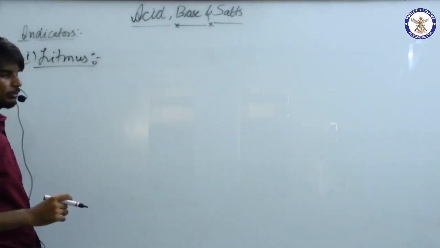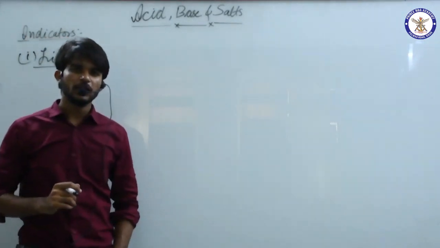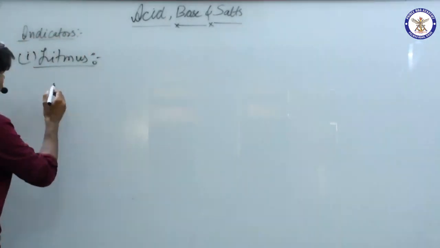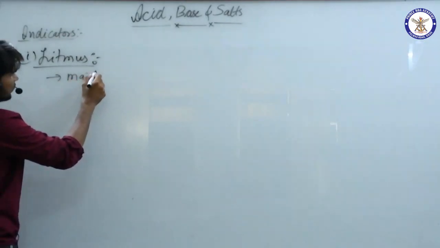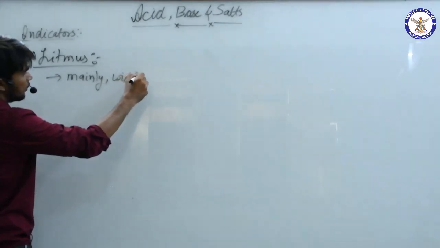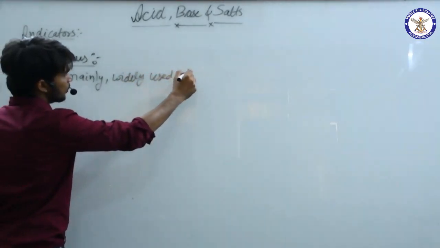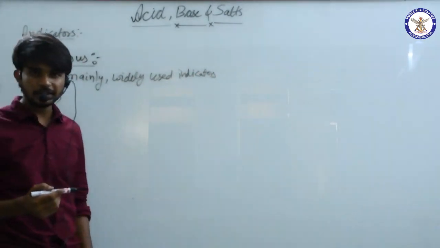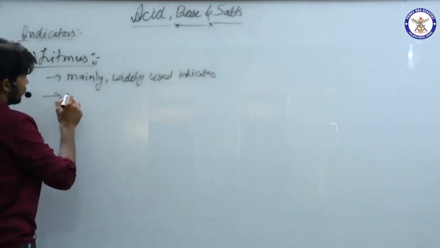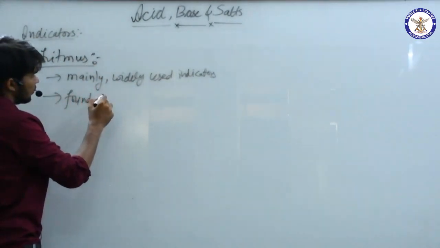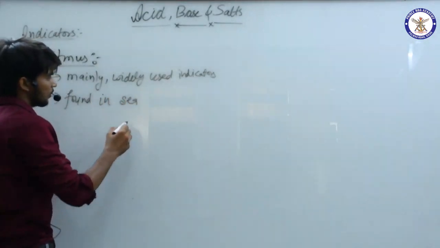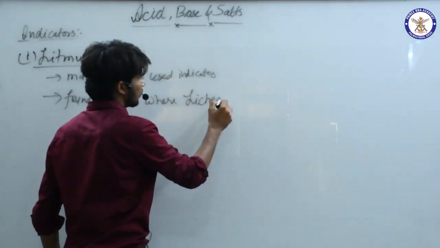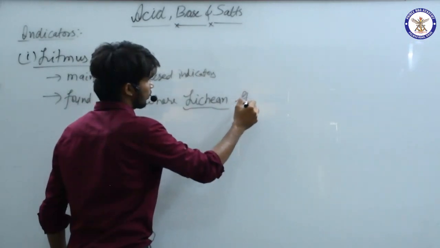See, the first point about litmus: I am keeping it at the first position because it is mainly, widely and broadly used. यही यूज किया जाता है, I would say the most widely used indicator. Fine. Now where is it found, पाया कहाँ जाता है? It is found in the sea, from lichen flora.